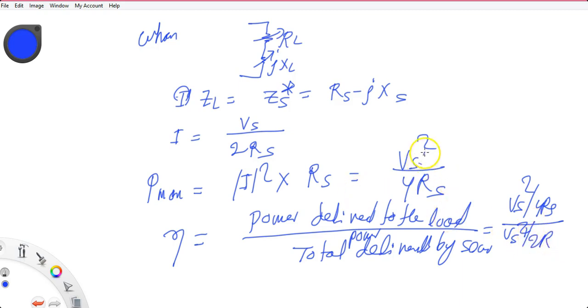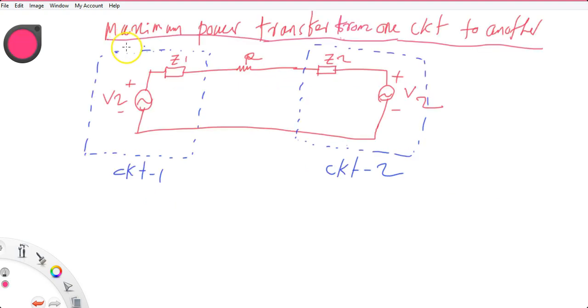In fact, you can take the magnitude of all these terms, because for the phasor, when we square it we take the magnitude, and you will get 0.5 or 50%.